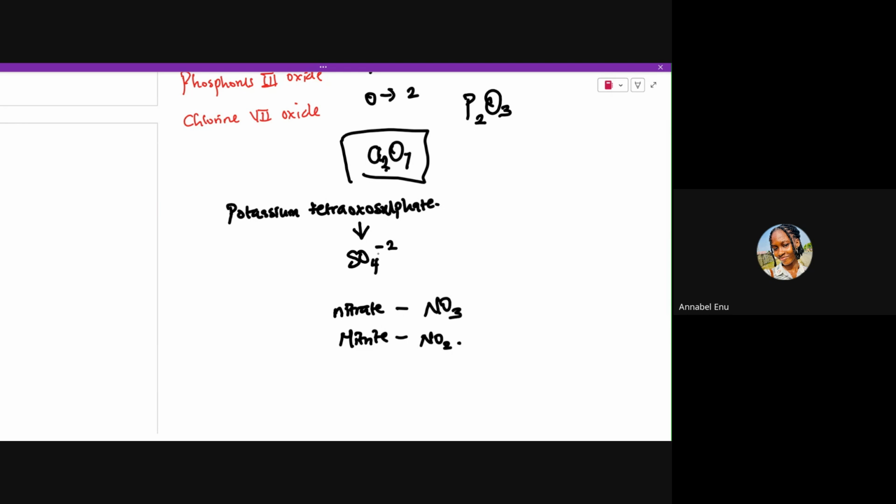So whenever you're told tetraoxosulfate, the valency is 2. Then potassium is in group 1, and so the valency is going to be 1. So to write this, we'll write K2SO4. Because the valency of this will come here, and this one's valency will come here.